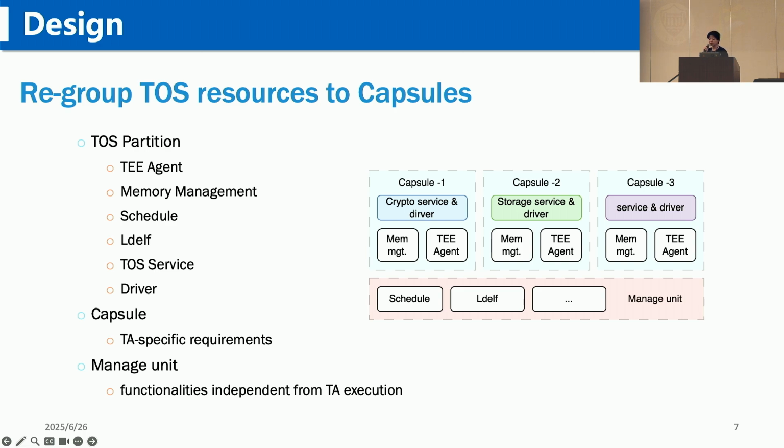The capsule includes modules specific to the TA's functionality, and we follow the least privilege principle to exclude unnecessary services and reduce the attack surface. The managed unit holds the functionalities that are independent of the TA execution, such as loading and scheduling, and stays outside the TA's runtime environment.